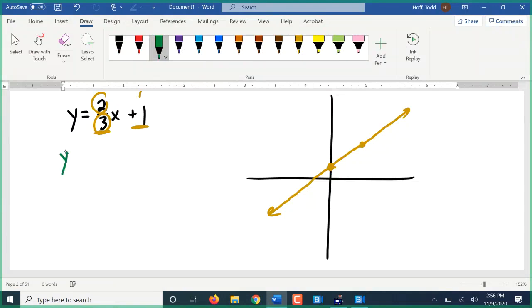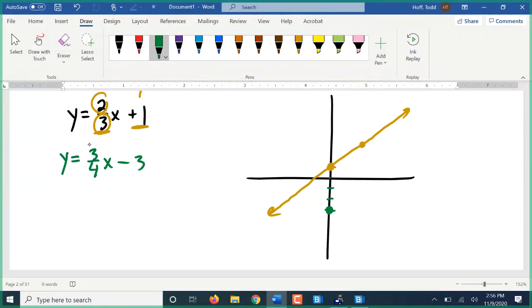We might have y equals 3/4 x minus 3. So the -3 says from the origin, we go down 1, 2, 3. That's where our starting point is going to be.